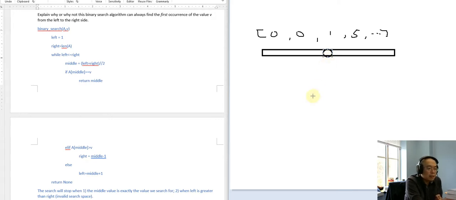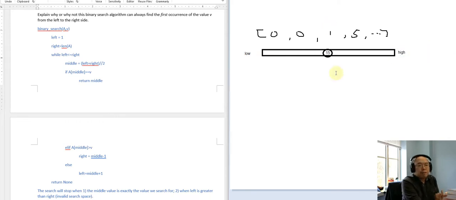Otherwise, we need to make a decision: are we looking for the value in the lower half or the value in the upper half? For example, we know an array is sorted from low to high. When we touch the value in the middle, we find, for example, a 15. Remember we have this array from low to high.